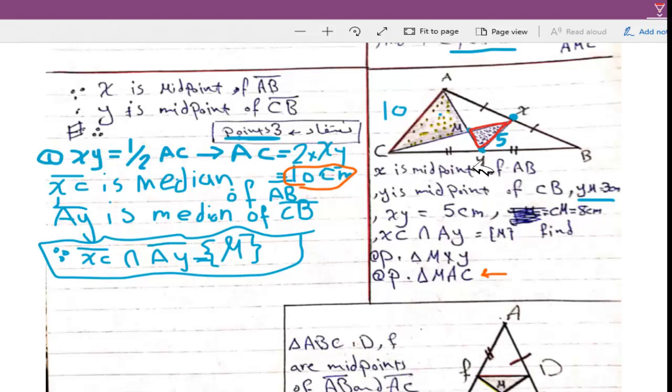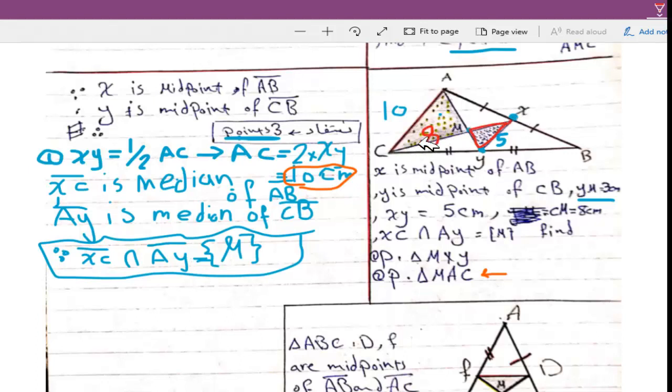Okay, the triangle MXY, he said XY is 5. We want XM plus MY plus YX, right? So XY equals 5. Okay, we said before MC is 8. Can you see this median XC?